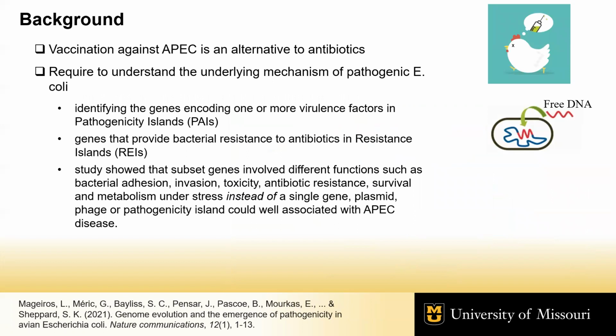An effective vaccination program is an important strategy in E. coli disease prevention and control, as an alternative to antibiotics, which requires understanding the underlying mechanism of pathogenic E. coli.